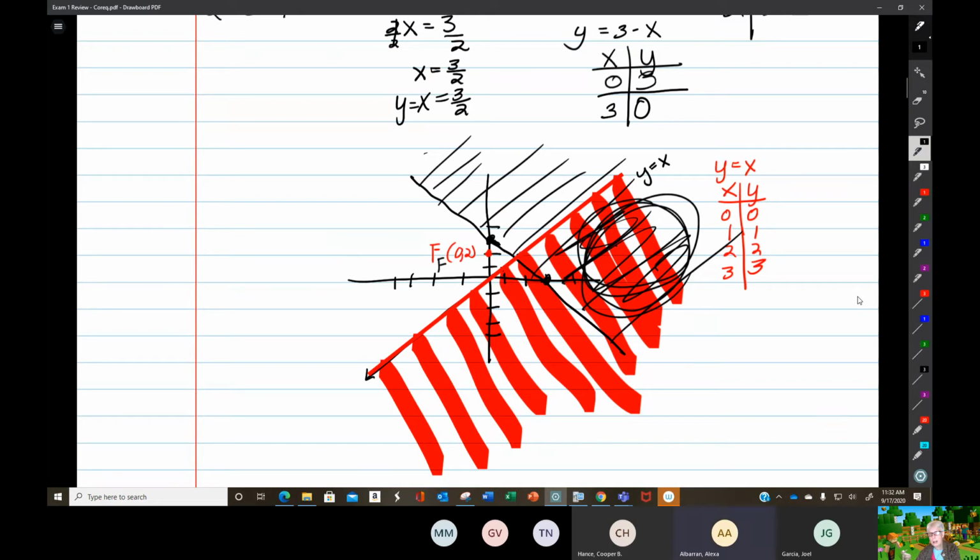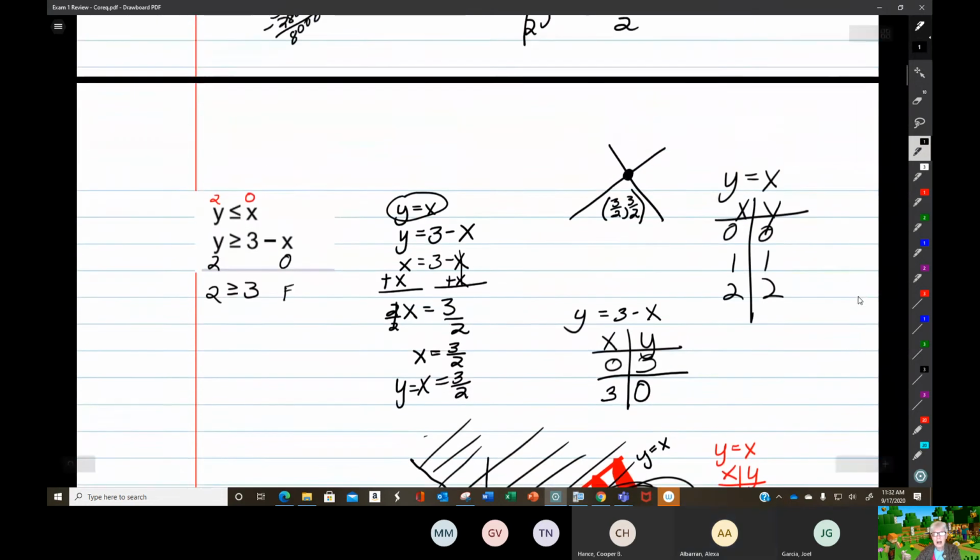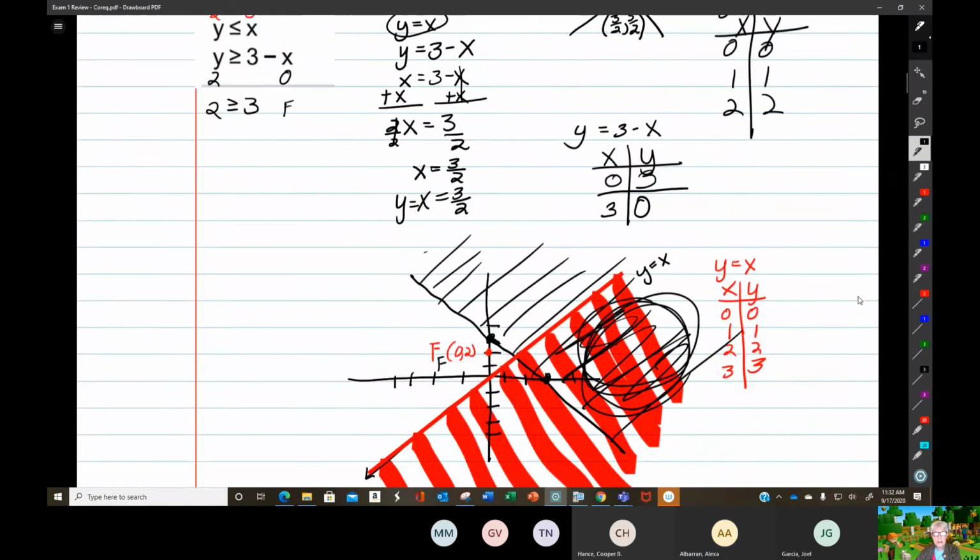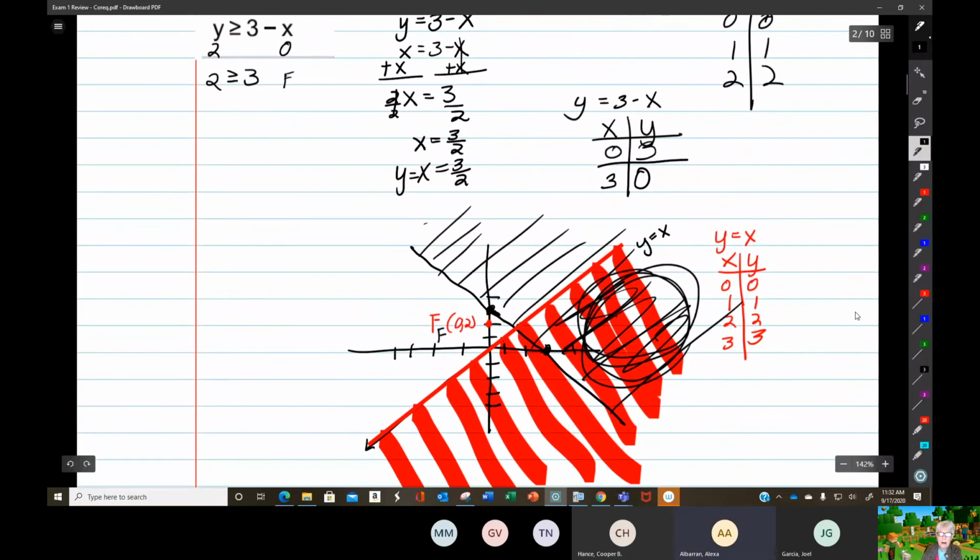Okay? What if we were to find the vertex last? Does it matter? I think we found yesterday or the day before that if I were to put that in first, I couldn't click on check answer. You have to have the whole thing before you can click check answer. So it probably wouldn't matter.